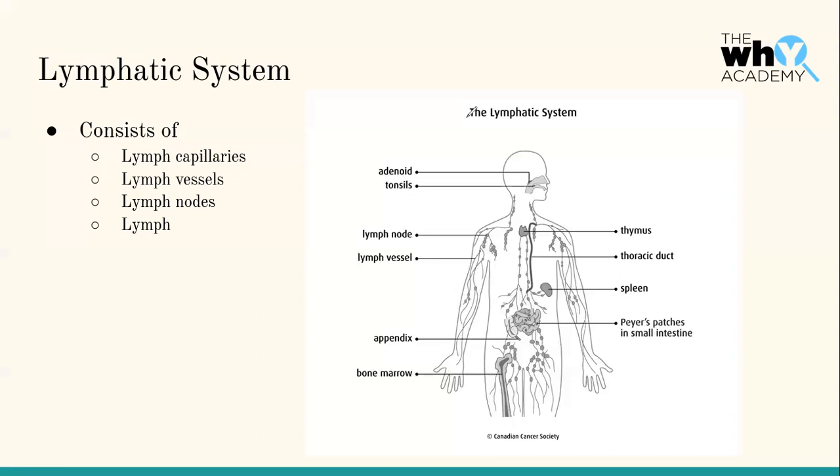Then, of course, you have the thymus. Thymus is a lymph gland, you can say. The spleen also is important for red blood cells. These are where red blood cells get destroyed and produced, so it depends on whether it needs to be produced or destroyed. Peyer's patches is a special location for the lymph system only in the small intestine.